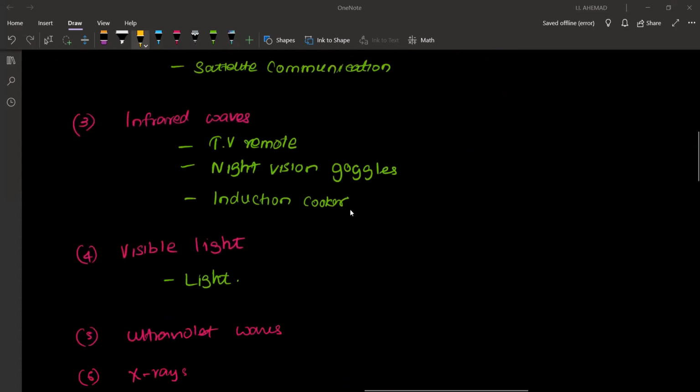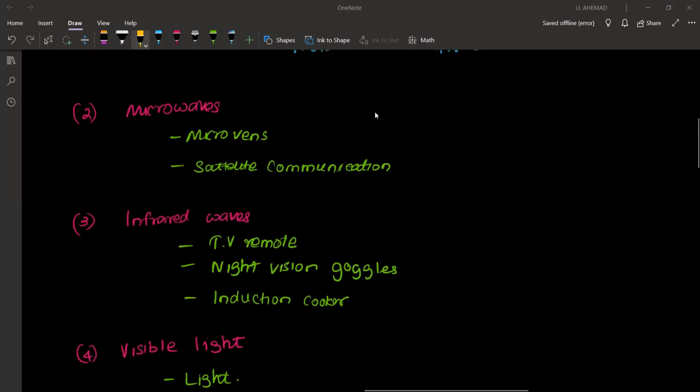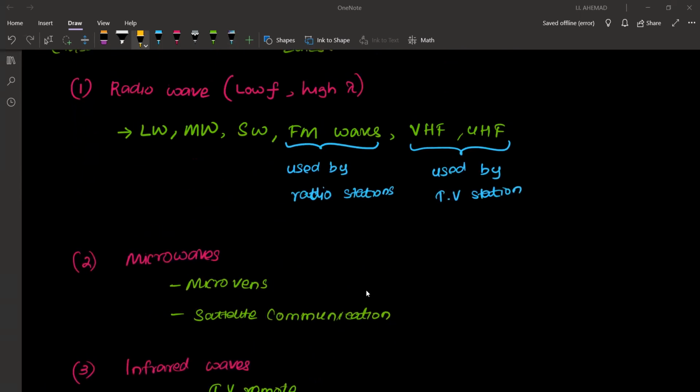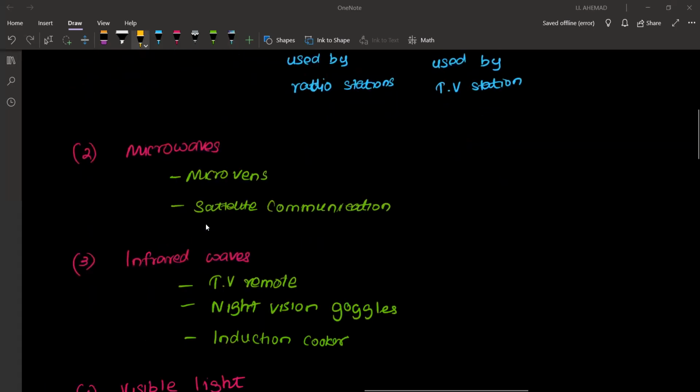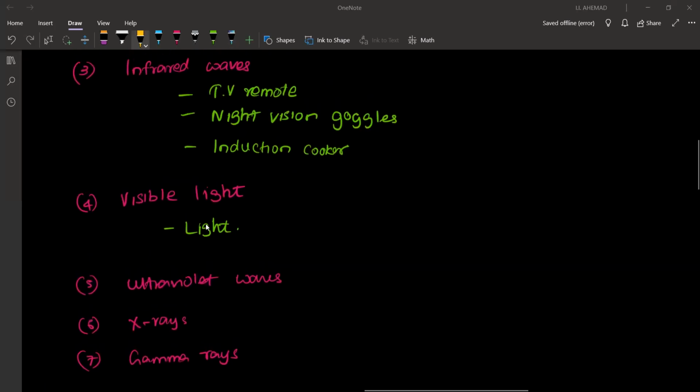Have you noted or you have to note? Below infrared, this one's.